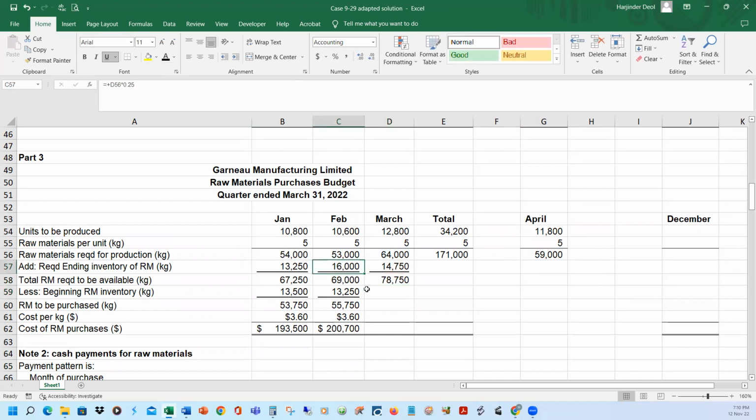We already have on hand 16,000 kilograms, which is our ending inventory coming from February. The difference is how much we would need to purchase in the month of March at $3.60 per kilogram. That translates to a total of $225,900.